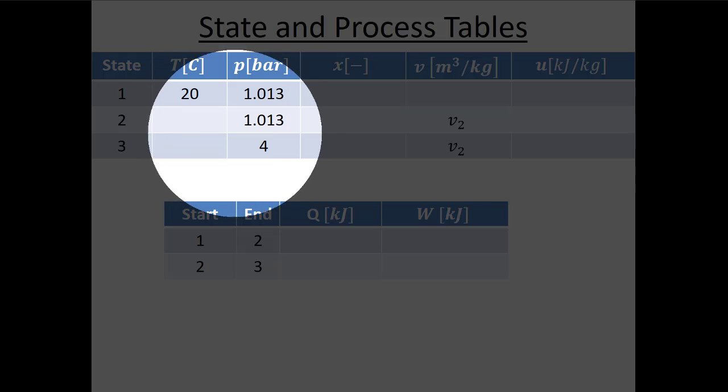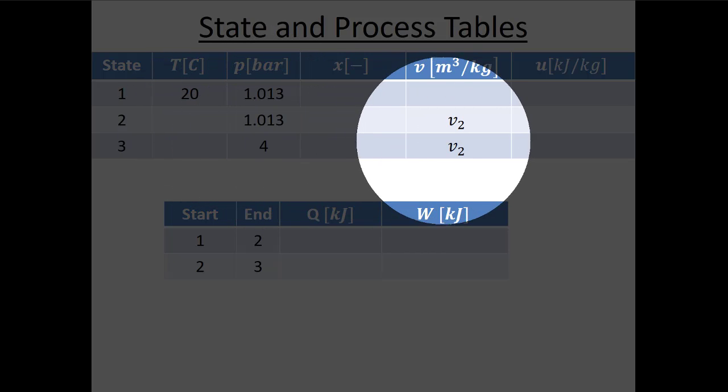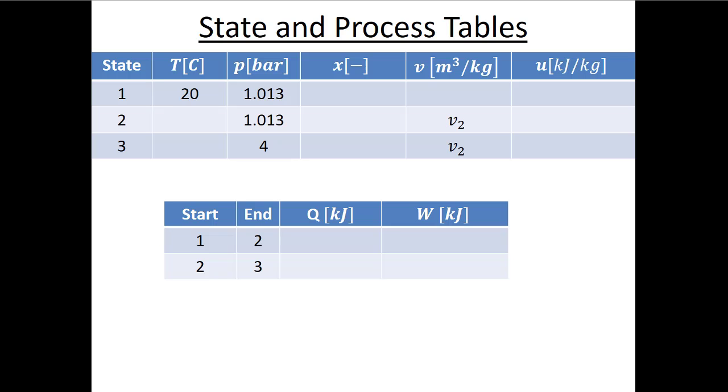I'm only told the pressure at state 2 and state 3. But I'm hopeful because in the problem I can find the volume, so I might be able to use that information to find the specific volume as well. So just from looking at my state table, when I start to get numbers for my states, maybe I can look at volumes.